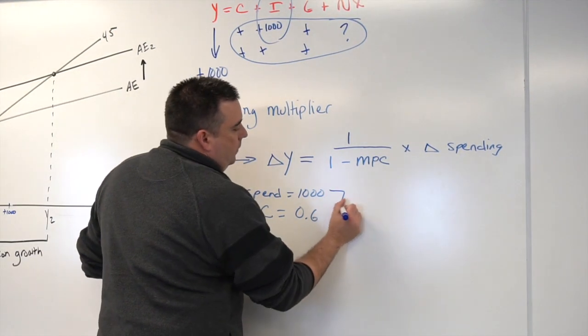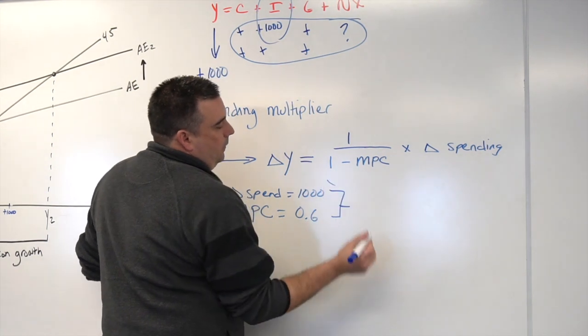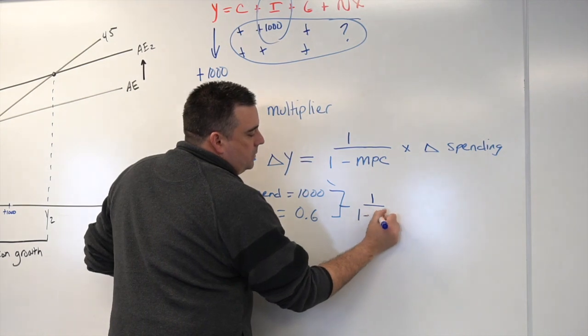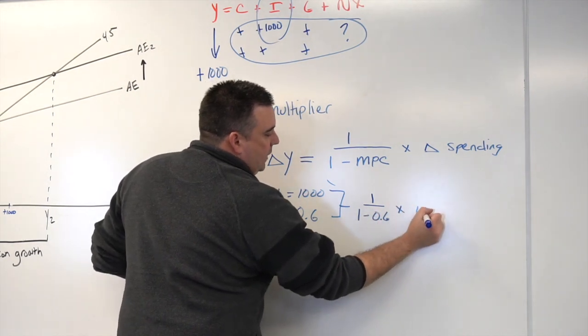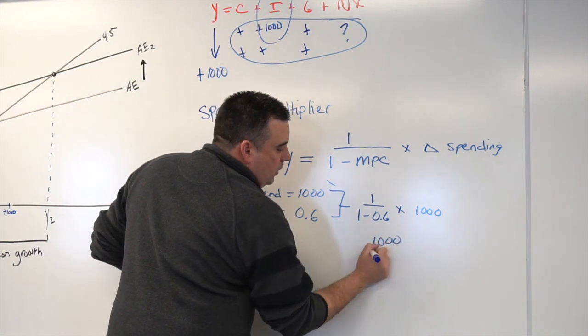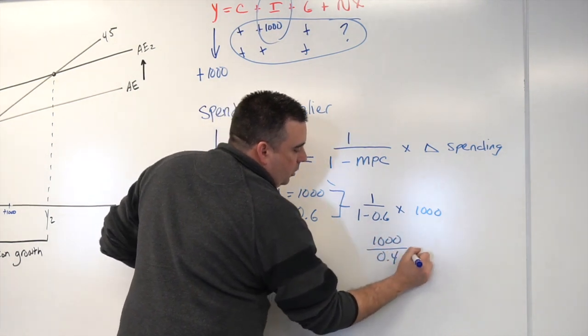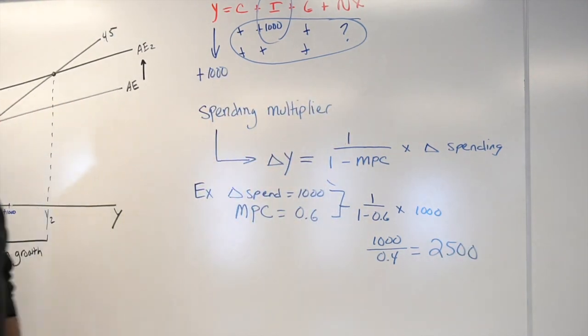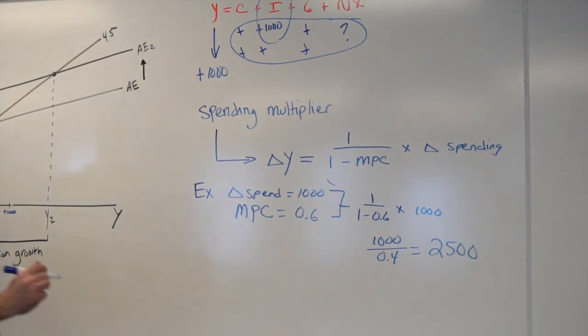So if I apply that in this formula up here, I would have 1 over 1 minus 0.6 times 1,000, which reduces out to 1,000 over 0.4, which equals 2,500. That is my change in Y.